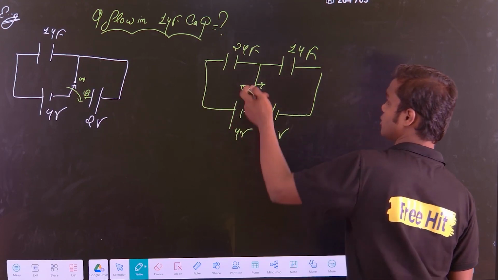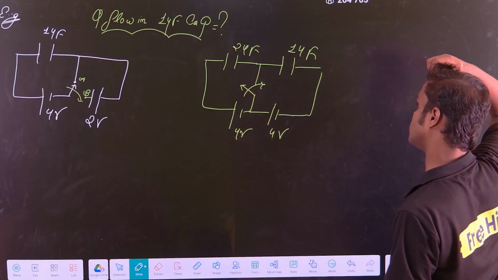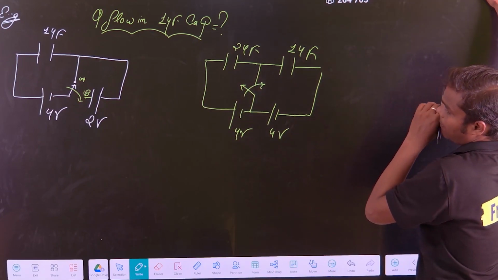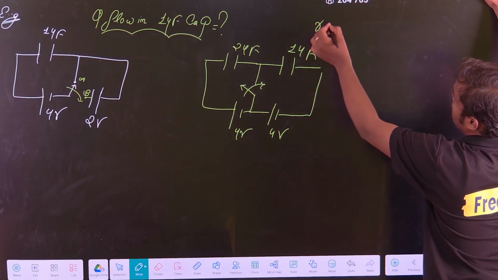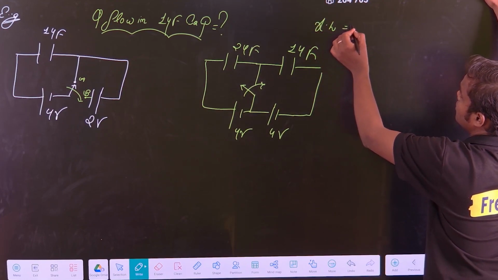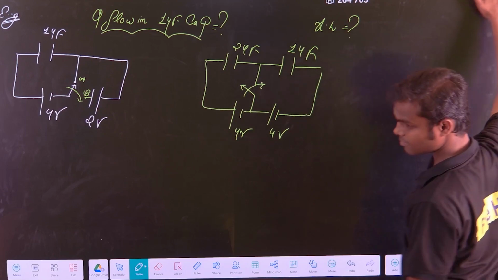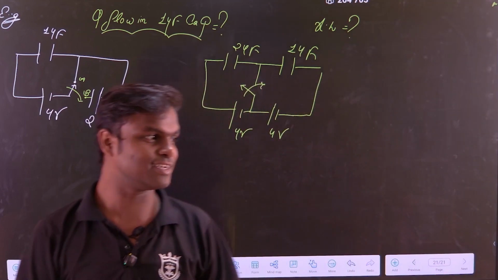Oh, okay, so that means initially it is open, now it is going to close. My question is, what is my question? Heat loss in this case. Now you have to calculate what is the heat loss in this.